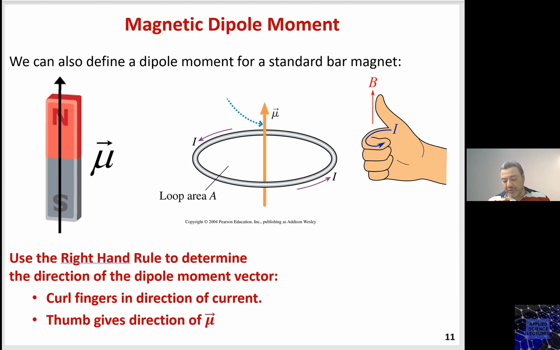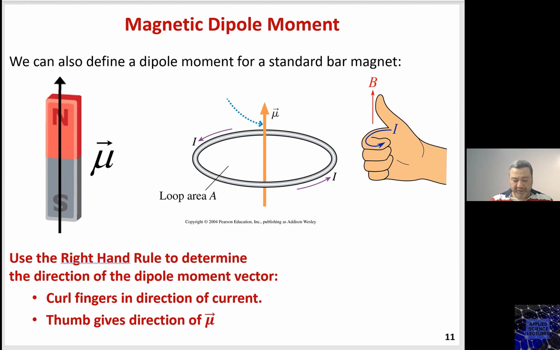We are going to use the right hand rule, but this time we're going to use it this way, such that the fingers define the direction of the current that is curling in that loop, and the thumb will be the direction of the magnetic dipole moment. So in this case, based on the current rotating this way, the magnetic dipole moment would be pointing up as we see here.